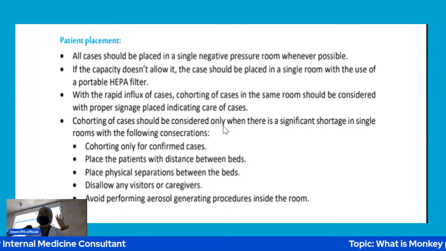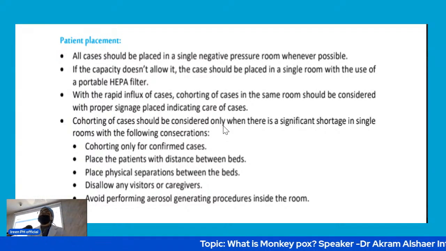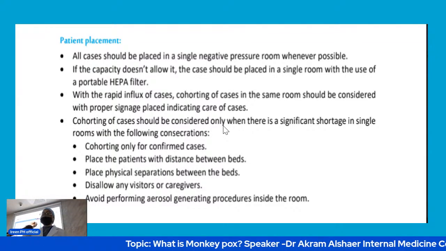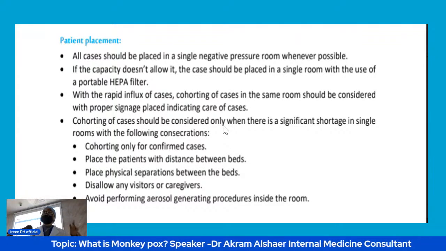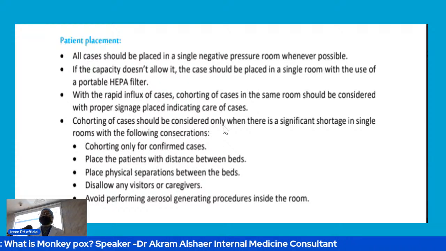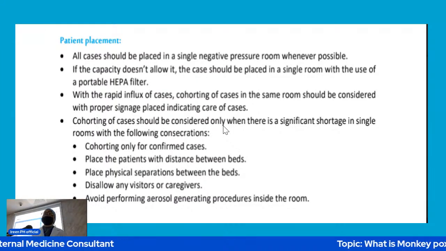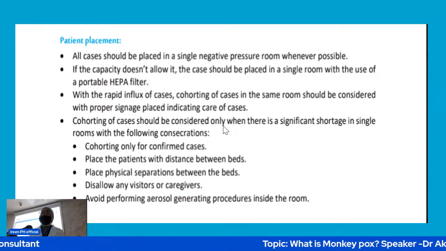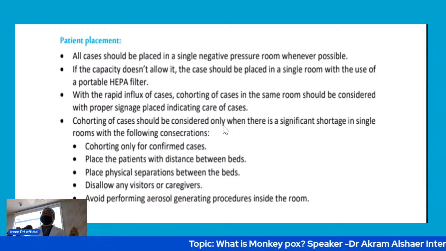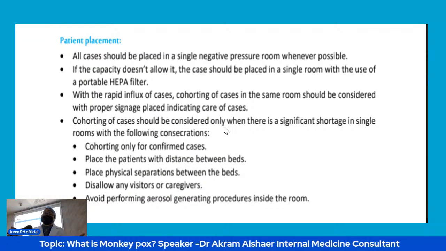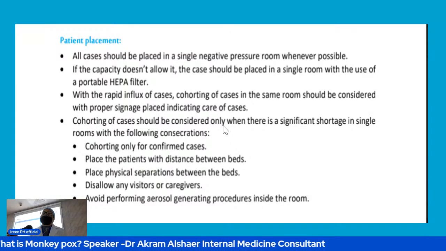Cohorting means patients with the same type of microorganism or pathogen can be in the same room as long as you follow distancing. Two beds can be placed, but you should provide distancing in meters for each. Again, cohorting means same pathogen, same microorganism. Example, TB.